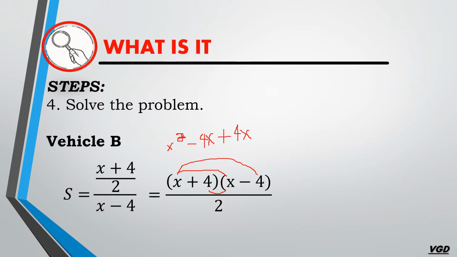And the last is second term to second term, so positive 4 times negative 4 is equal to negative 16. We combine like terms, so negative 4x plus 4x is equal to 0. So we will be able to get the answer x squared minus 16 over 2. And that is the speed for vehicle B.